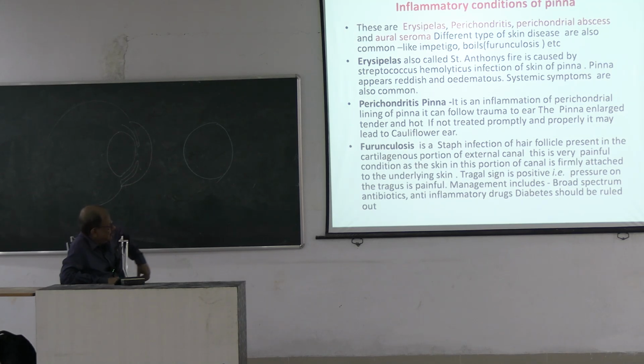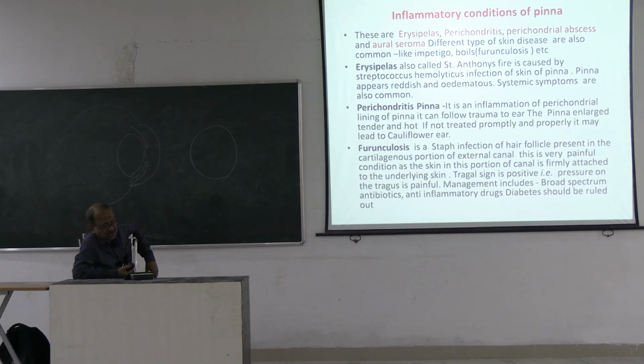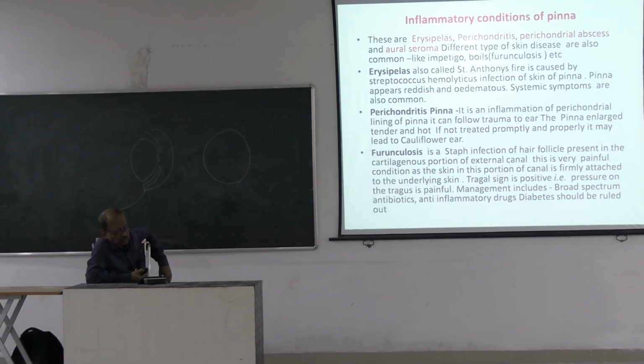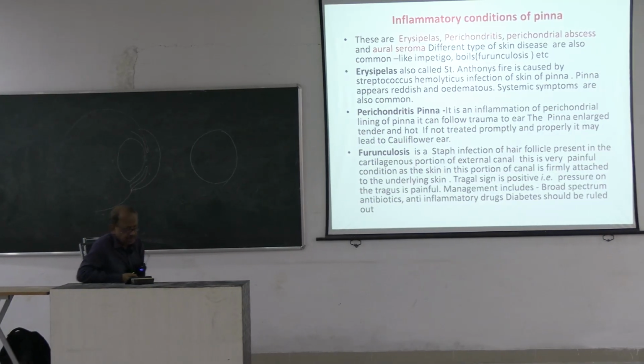The pinna appears red and edematous. There are also constitutional systemic symptoms, that is malaise, low grade fever, like that. Treatment is a broad spectrum antibiotic, which is sensitive to Streptococcus beta hemolyticus.